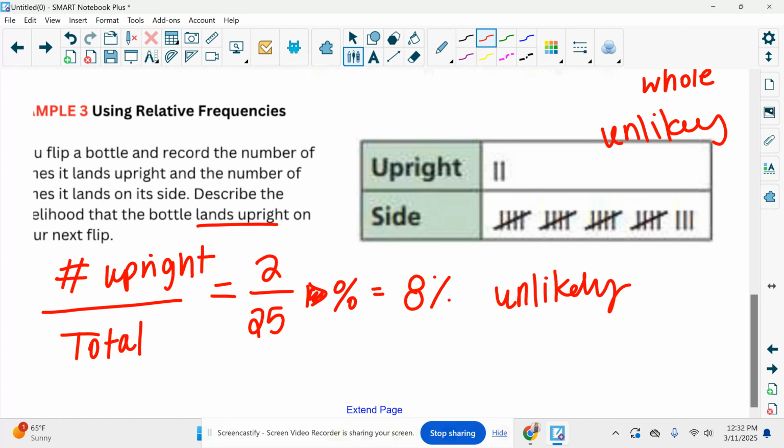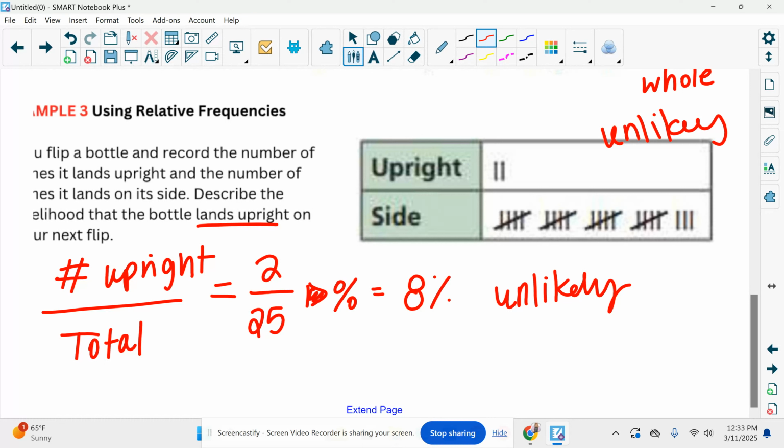Okay? Now I could use this percentage also to predict how many times it will land upright in a future experiment. So if I looked right here, for example, 8% of them landed upright, correct? What if I said, okay, well that's in 25 flips.